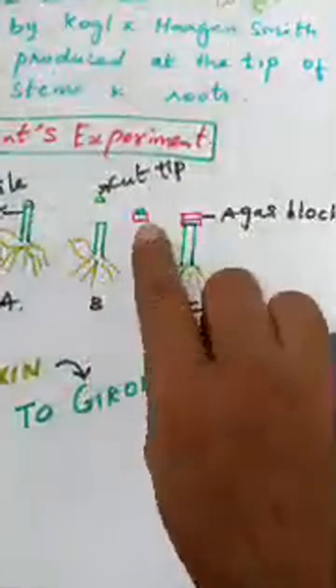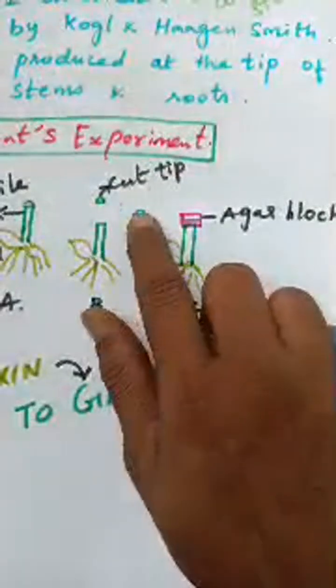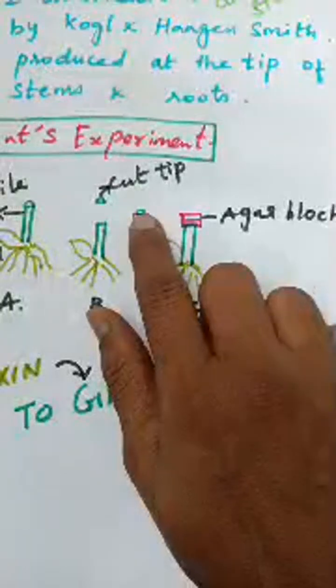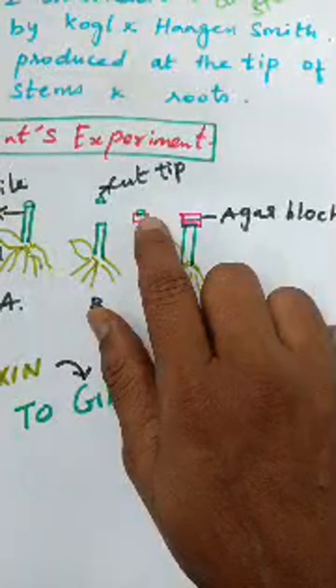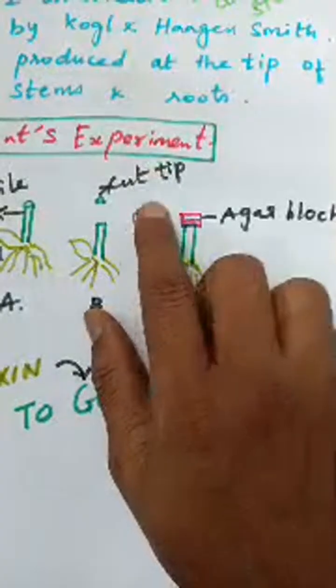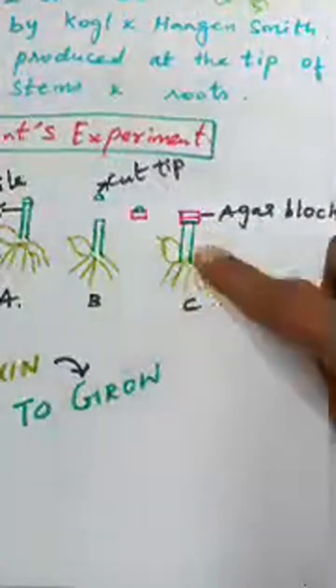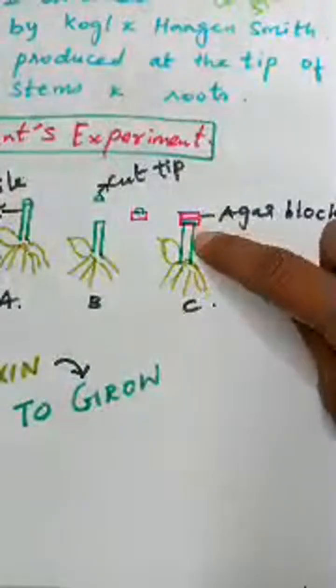So what Wendt did was place the cut tip on the agar block and observe any growth in the cut tip. He came to the conclusion that again there was no growth. Finally, he removed that tip and placed the agar block on the cut end of the coleoptile.